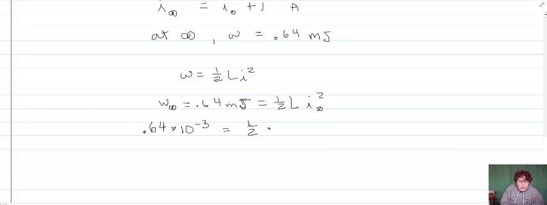So times 0.02 times our expression for I at infinity, which was I naught plus 1 squared. And now this is all in joules. Our expression for I was in amps, and we changed this energy. It was in millijoules, but we put the times 10 to the negative 3.